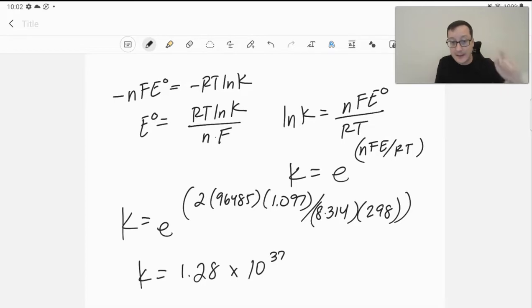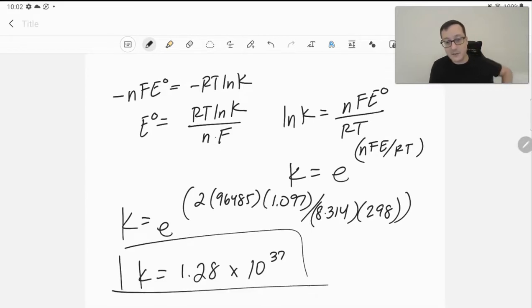Wow, so amazing. Look at how spontaneous this reaction is. This reaction overwhelmingly favors the products and will move very rapidly. Those electrons move at the speed of light towards making this happen. So we can figure out the equilibrium constant of our reaction, knowing the cell potential. So fun stuff we can do with this.